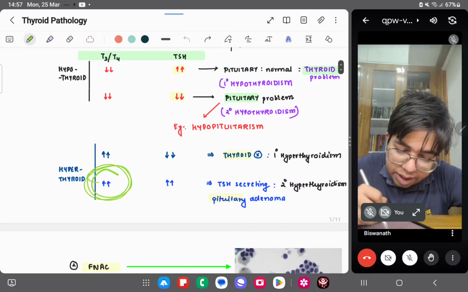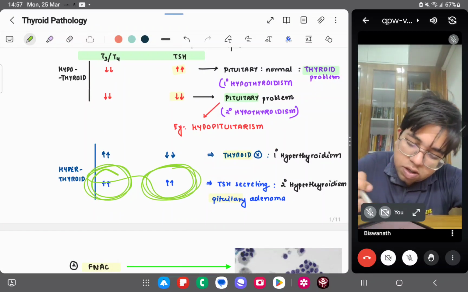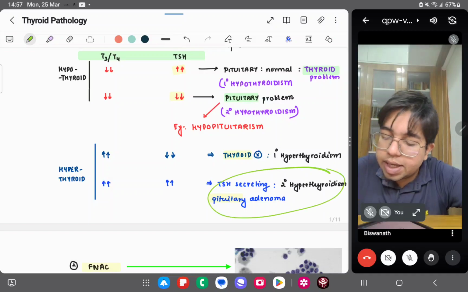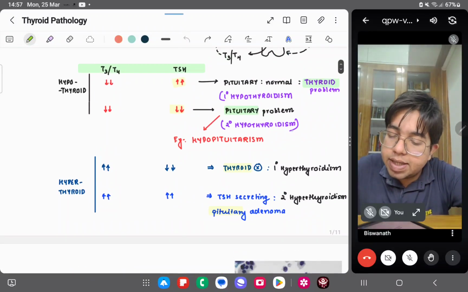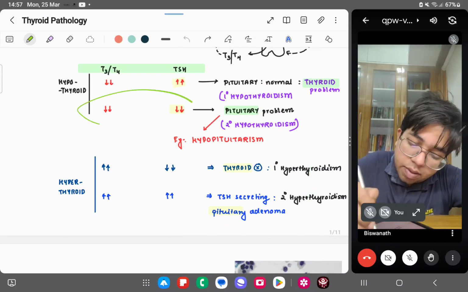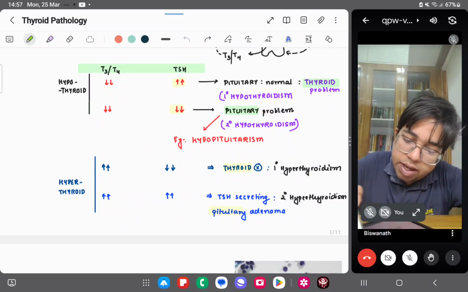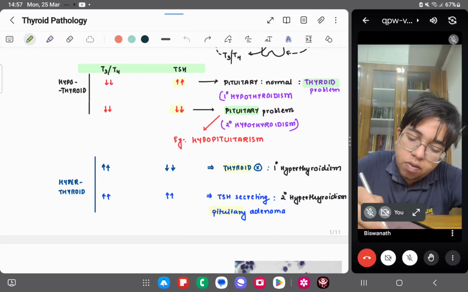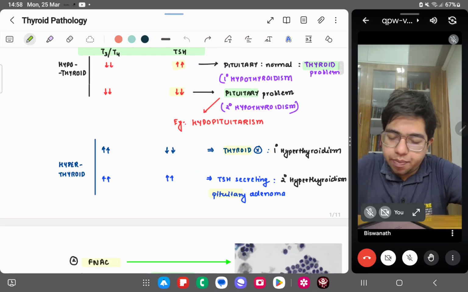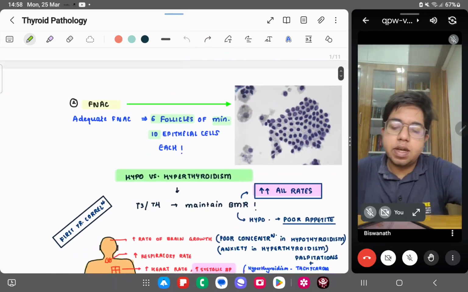If T3, T4 are increased and TSH is also increased, it is secondary. So you can remember it like this: in secondary problems, both increase or both decrease. But in primary problems, one parameter increases and the other decreases.